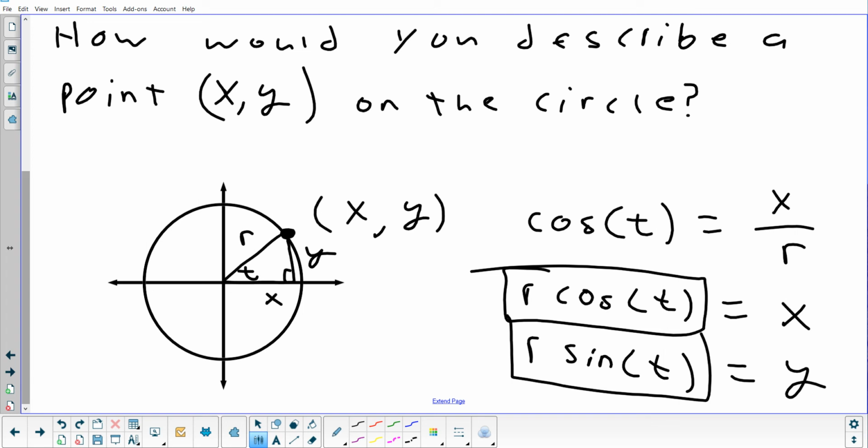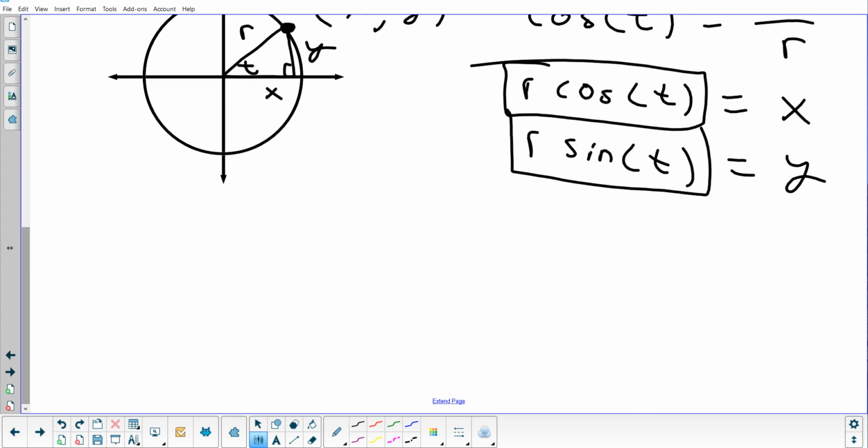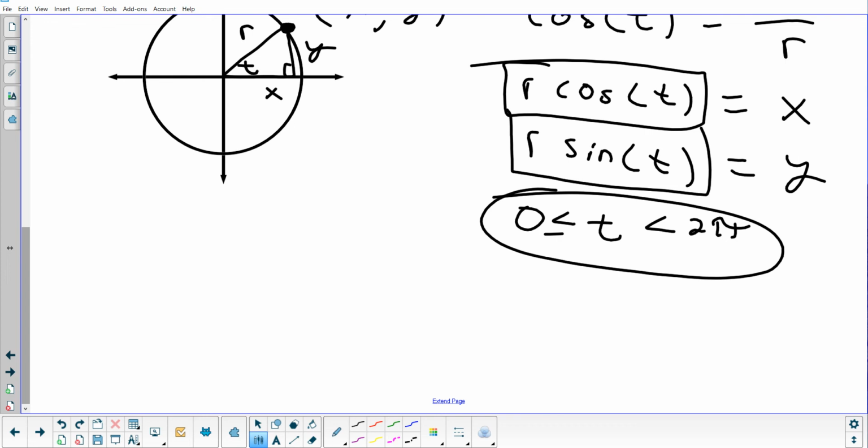If you plug in a single value for t, you'll get a single point on the circle. We need a start and stop for t. Start at 0. Where should we end? 2 pi. Yes. t has to go between 0 and 2 pi, and you generally don't include the 2 pi because that's a repeat of 0.